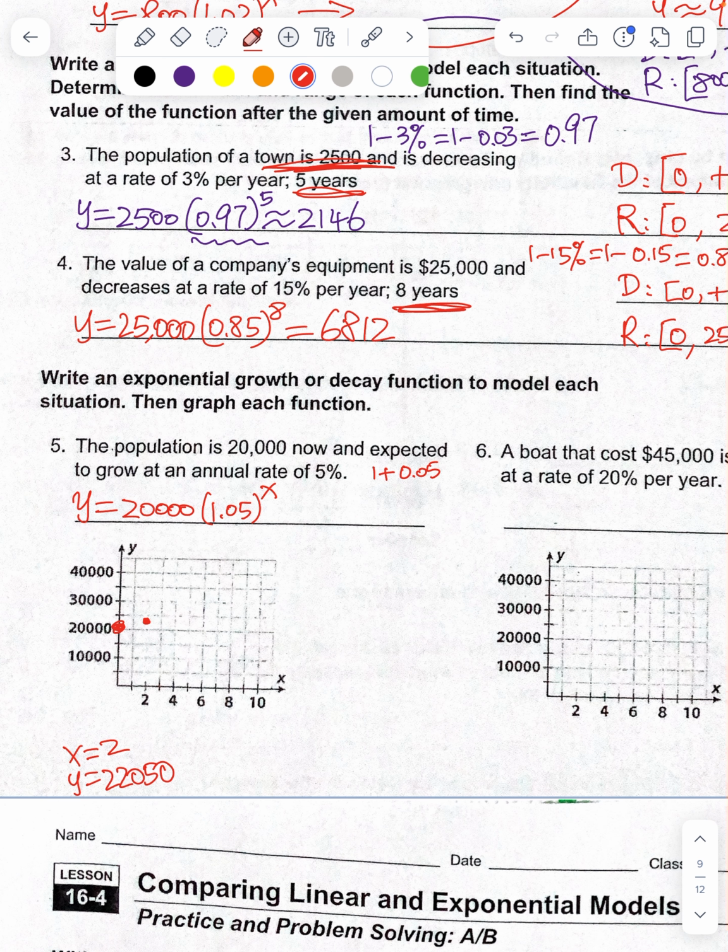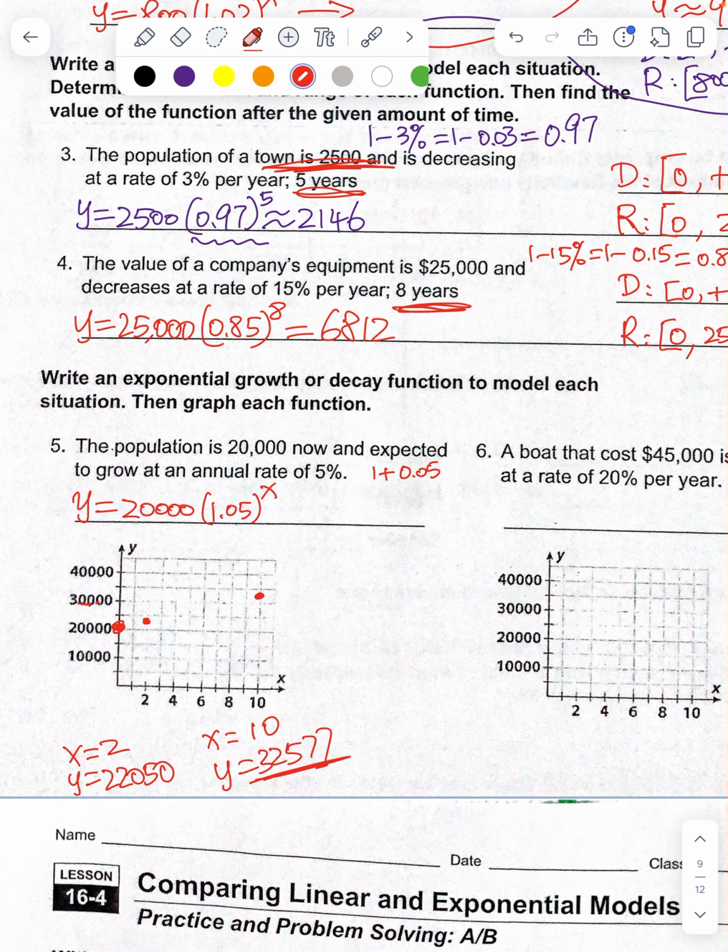And then, let me try 1.05 raised to the power of 10 years. And then multiply by 20,000. So when x equal to 10, the y value equal to 32,577. It's a little bit above when x equal to 10. It's right here.